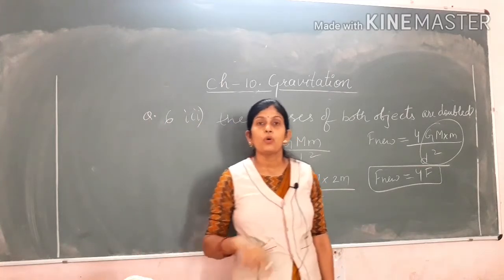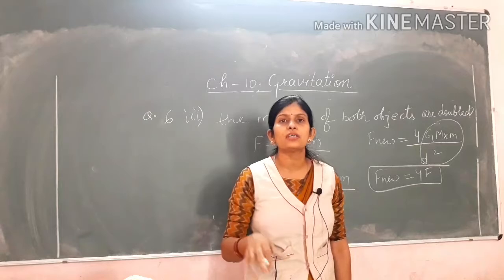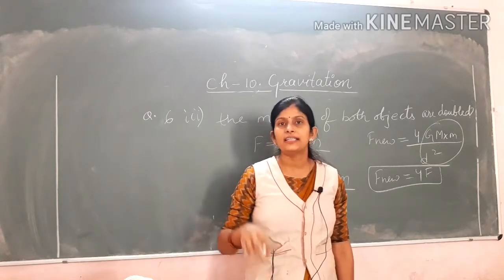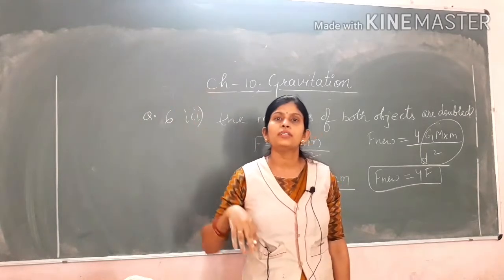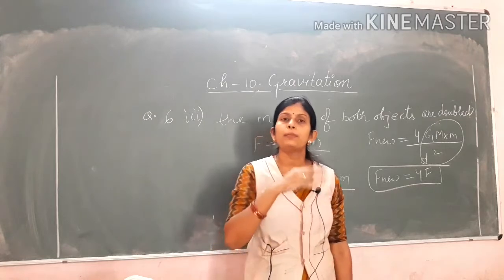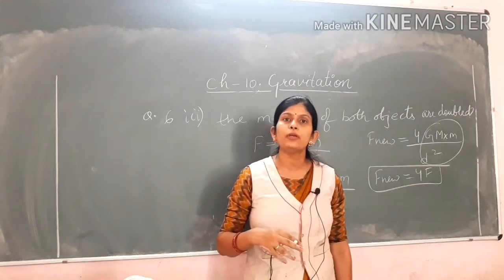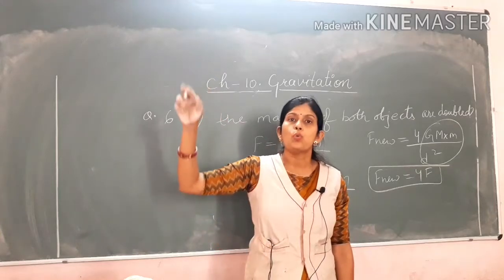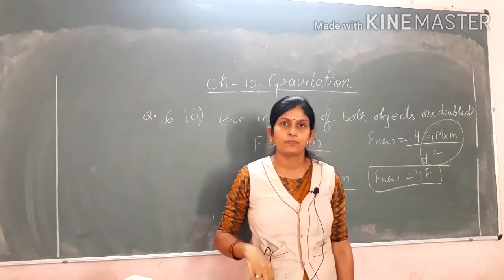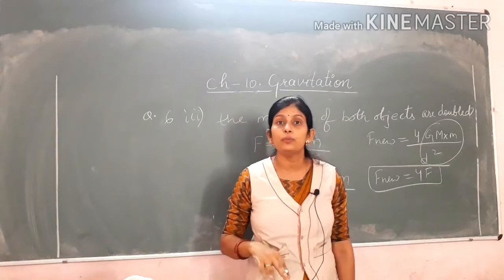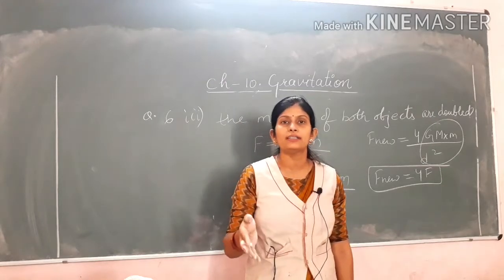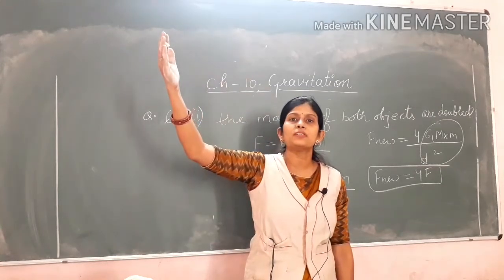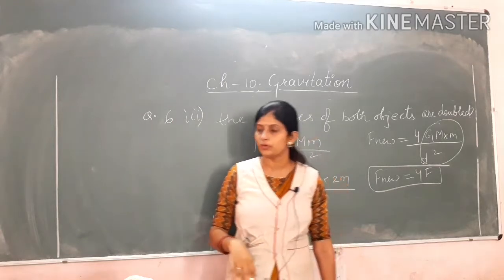So, whatever weight you have on the surface of earth, that will be reduced on the surface of moon, and up to what extent it will be reduced? It will be reduced to 1/6 of its former value. Means whatever weight you have on earth, that will become 1/6 on the surface of moon.